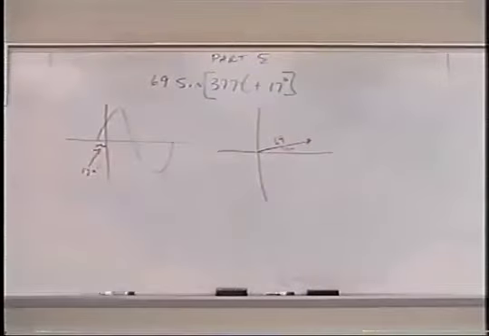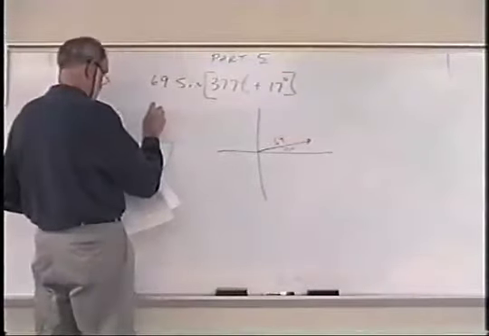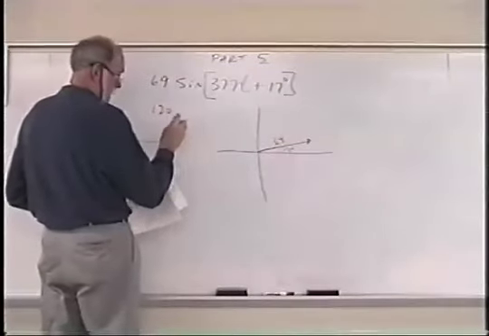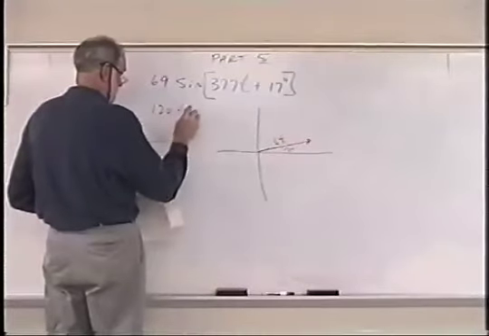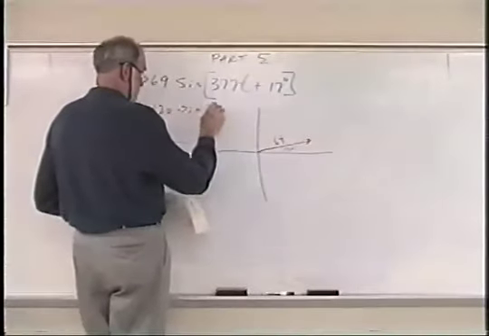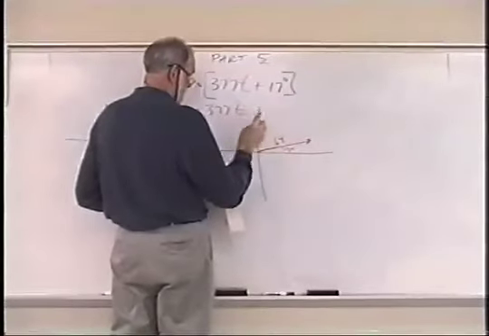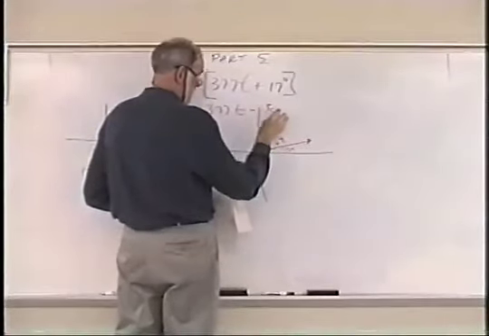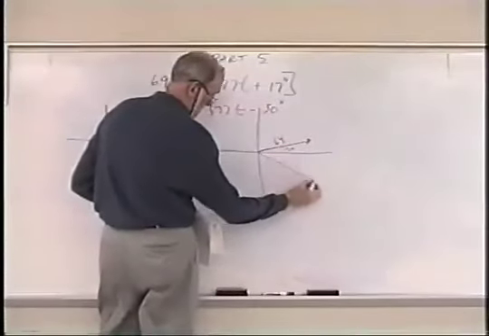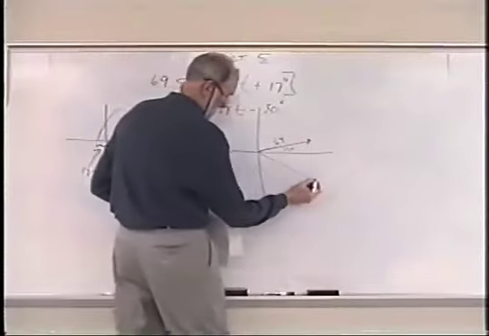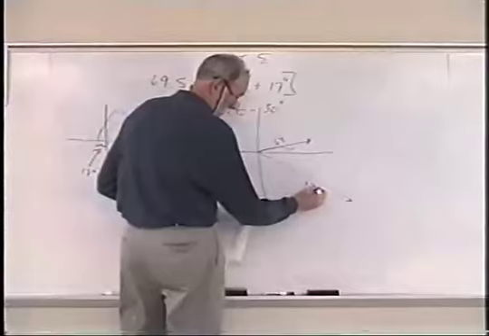Let's say I had one of 120 at sine 377t plus, let's say, minus 30 degrees. Then that would be much longer. That'll represent the 120 volts.